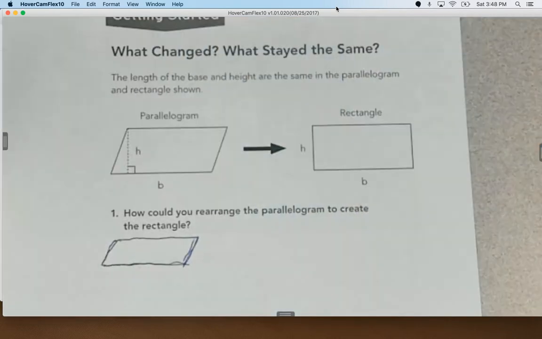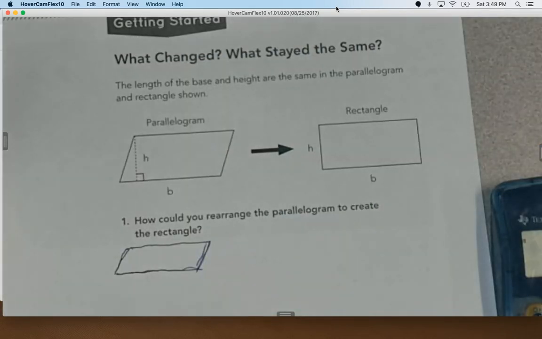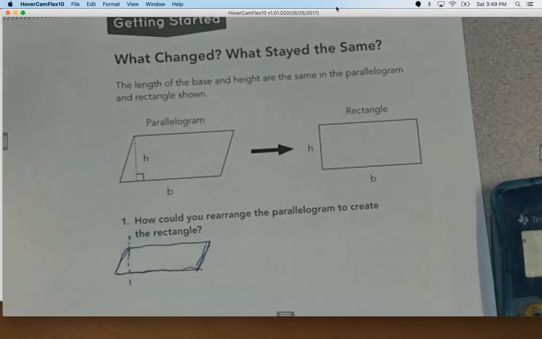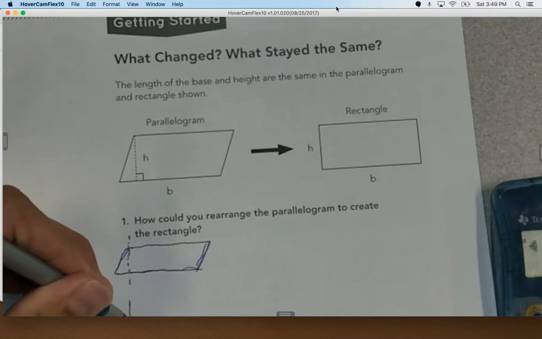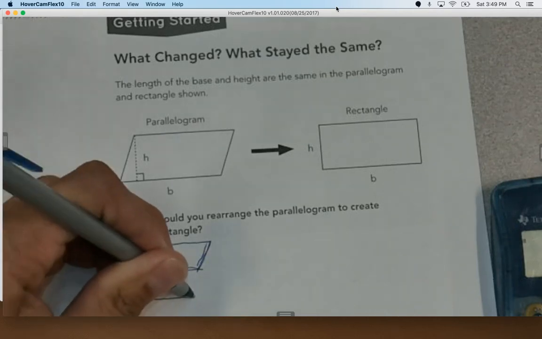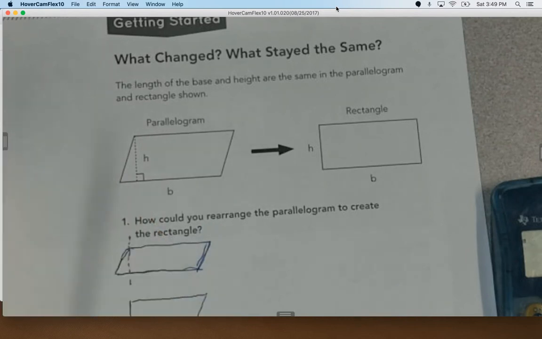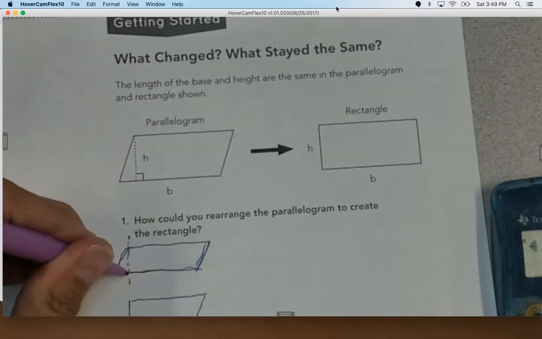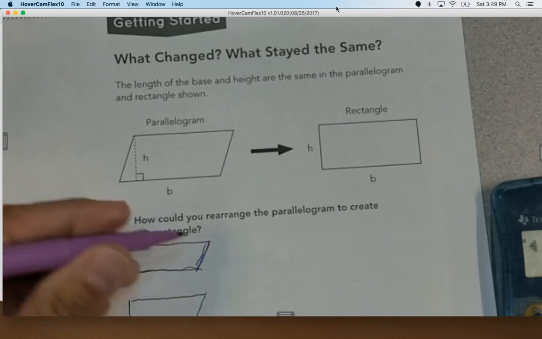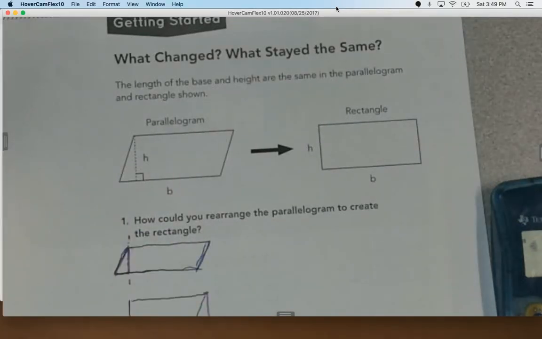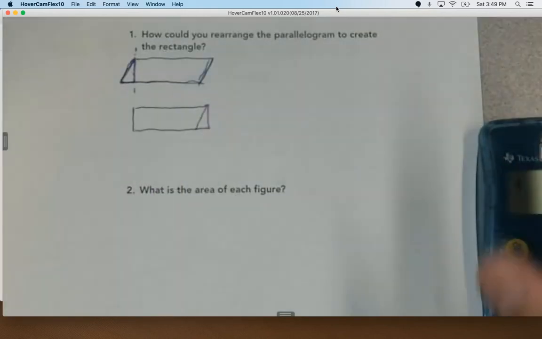I would cut off the triangle part of the parallelogram. Then I would move that triangle part from right there, and I would put it right next to it right there. Oh, there we go.